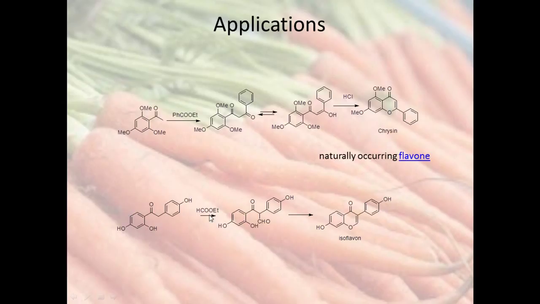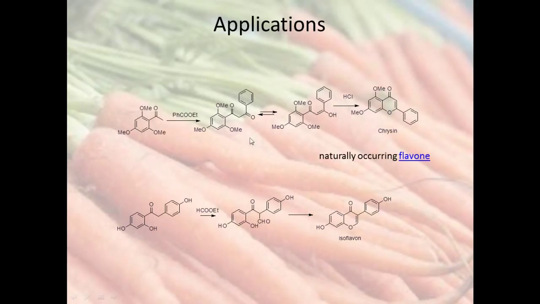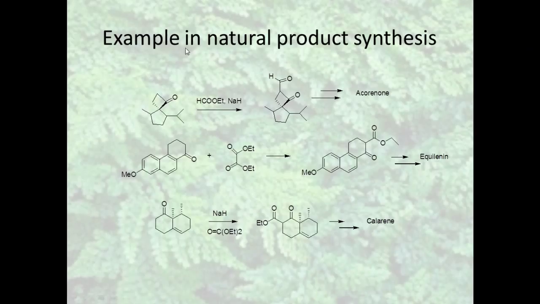Or this is ethyl formate, introduction of an aldehyde near the keto group, like here, the aldehyde is adding near the ketone, and it undergoes cyclization to isoflavones. This is also used in natural product synthesis, already discussed.